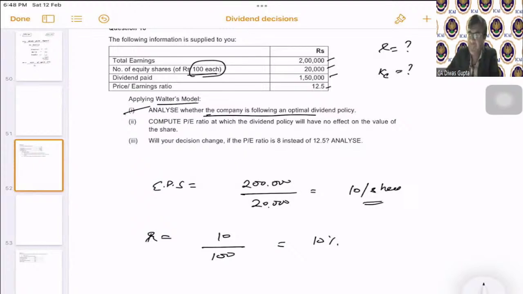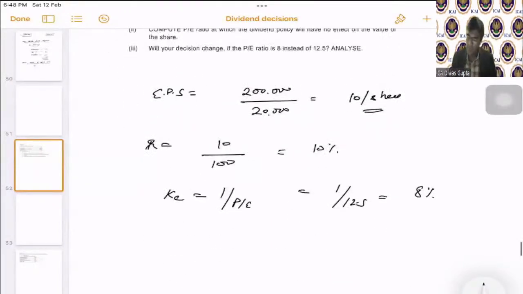Right, students? And for calculating the KE, can we say that 1 by PE ratio is KE, which is equal to 1 by 12.5, which is nothing but 8%. 1 divided by 12.5 into 100, which is 8%. Right, students? So from this, we can calculate that R is 10% and KE is equal to 8%.